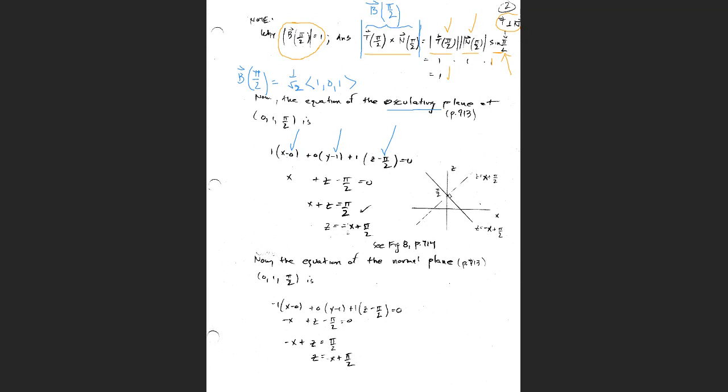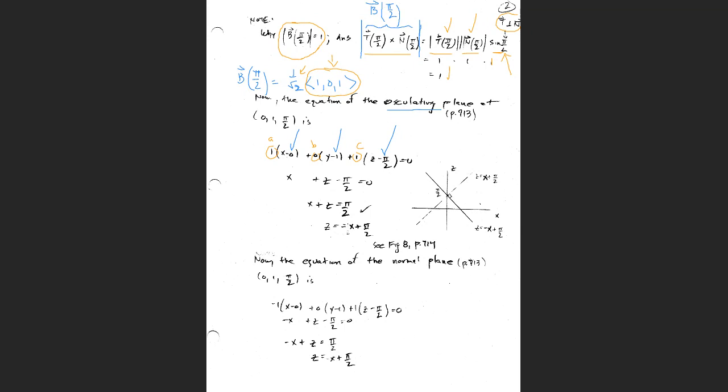But direction is determined by these components 1, 0, 1. The 1 over root 2 here doesn't affect the direction. So when I have my numbers here for the equation of the plane, the A, B, and C, I just really need the components of that perpendicular vector.